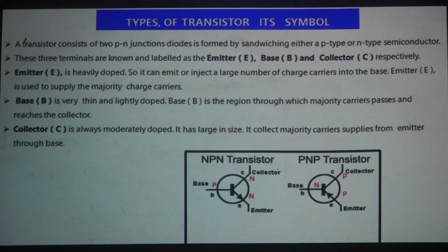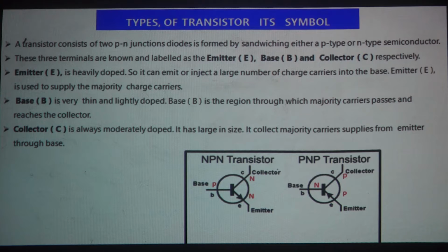Now the transistor consists of two PN junction diodes, formed by sandwiching either P-type or N-type semiconductor. These three terminals are known as emitter, base, and collector respectively.